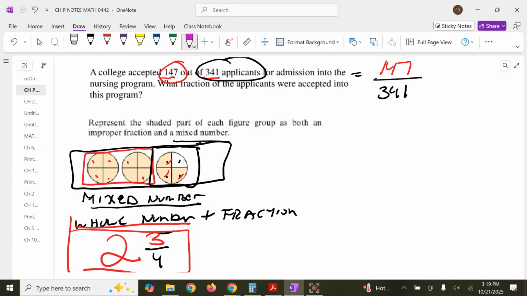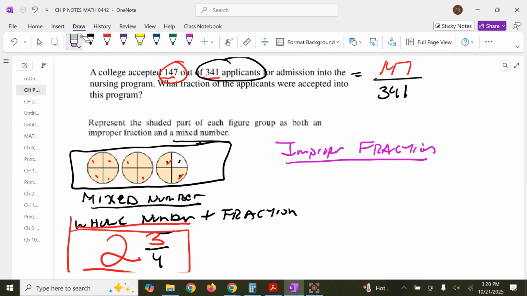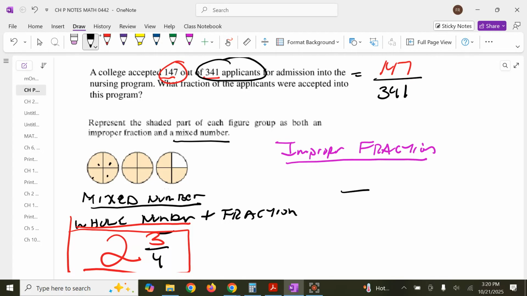Okay. Now, my friends, we're going to talk about an improper fraction. Okay. And an improper fraction, what we're going to do here, y'all, is we're going to come back and we're going to say, look, we have 3 circles right here. Every one of those circles is cut up into 4 pieces, right?